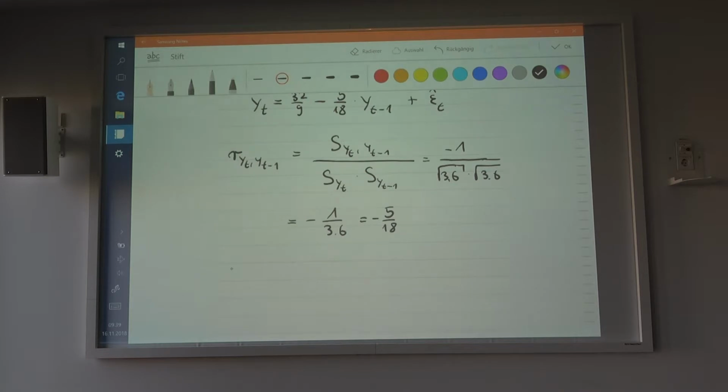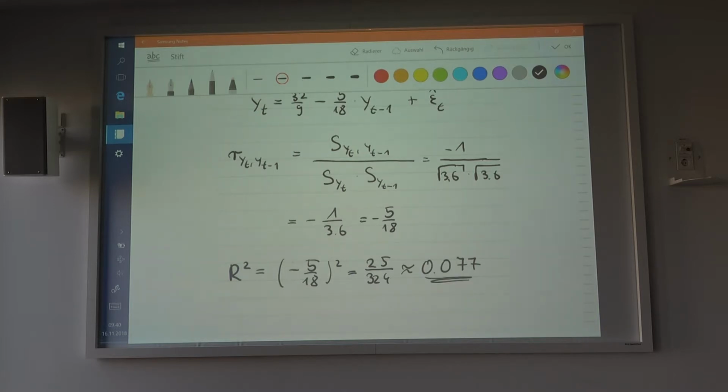And the coefficient of determination will be just the square of the correlation. So that's 5 over 18 squared. Of course, the exact value is going to be 25 over 324. But if you approximate that, this is going to be equal to 0.077.